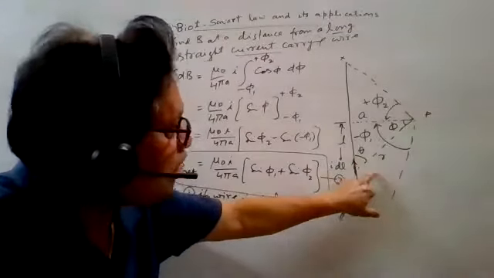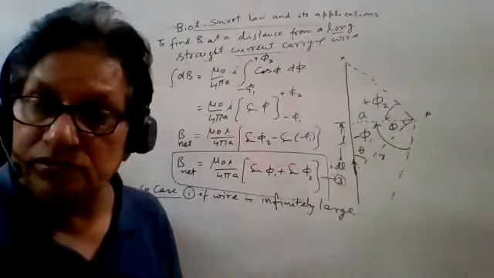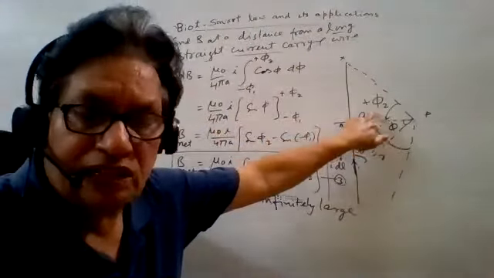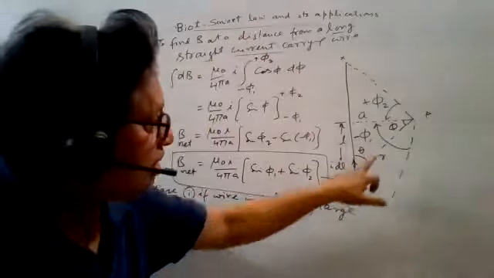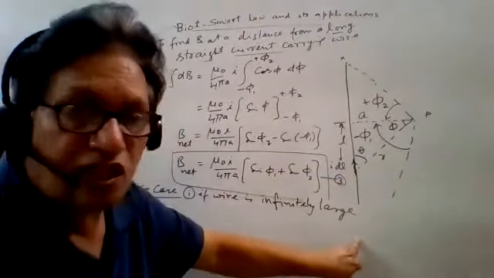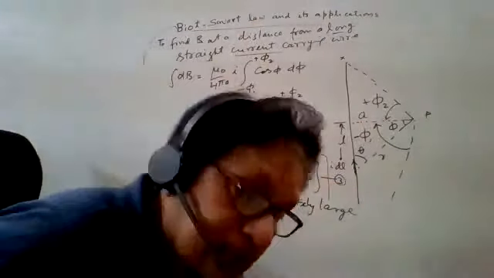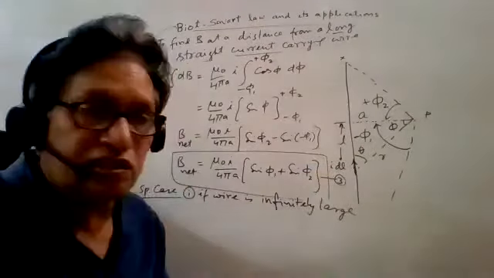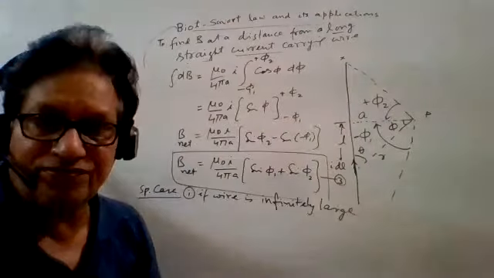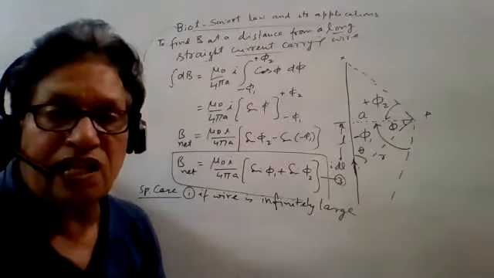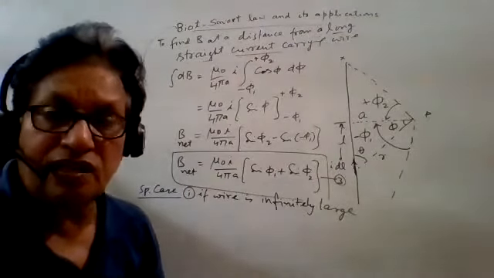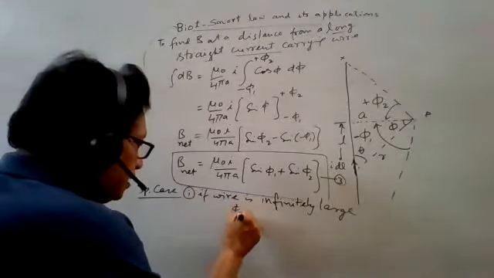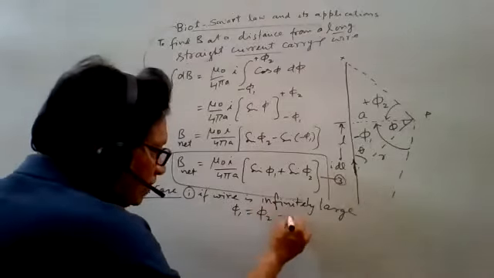Then the values of phi 1 and phi 2, if it is very large, phi 2 increases up to 90. And suppose the lower one is also very large, this point is at a very large distance. So phi 1 is also 90. So for an infinitely large straight wire, phi 1 and phi 2 are both 90. So phi 1 equals phi 2 equals 90 degrees.